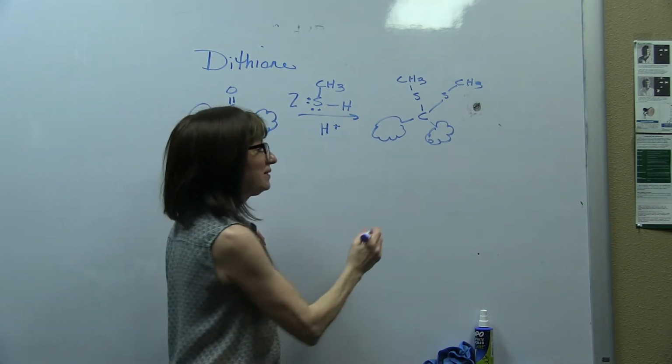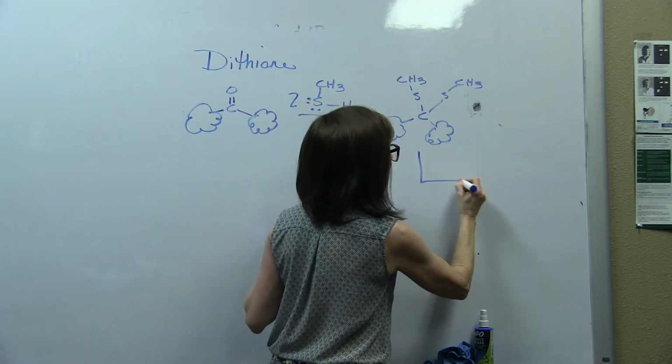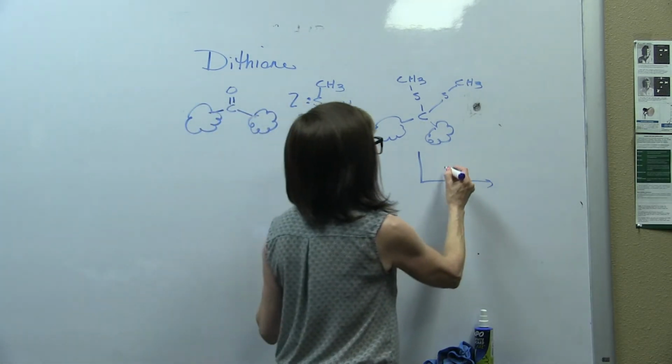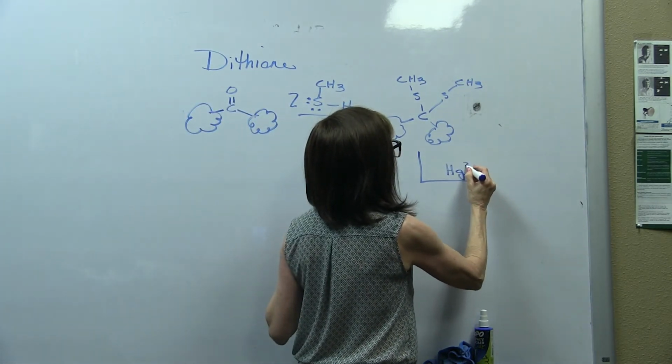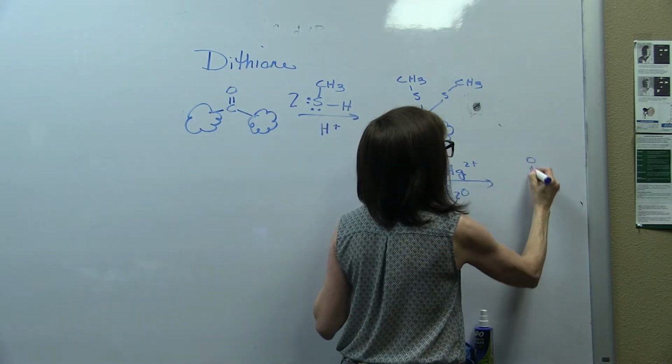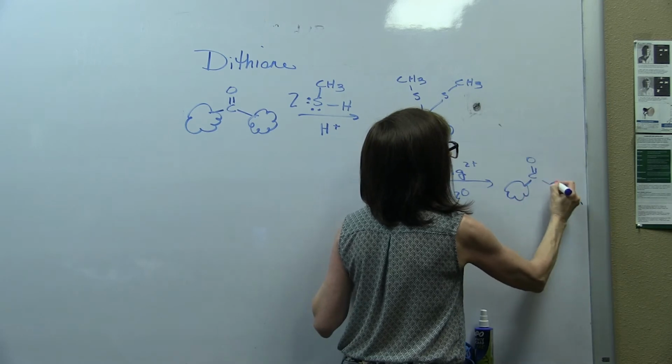And to get that back, we're going to use mercury 2+ and a little water. And that will get us back to the ketone.